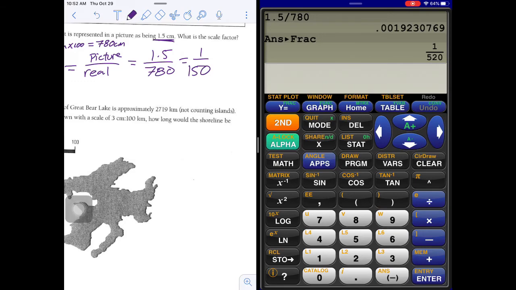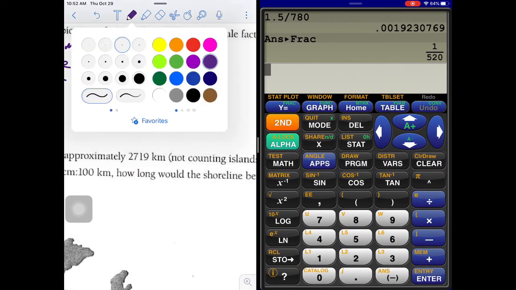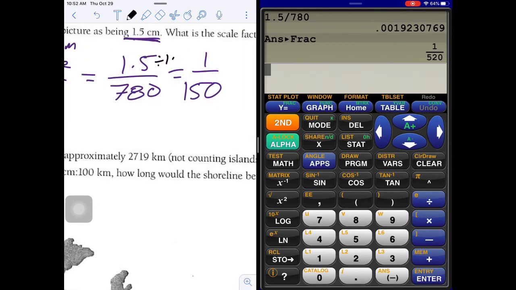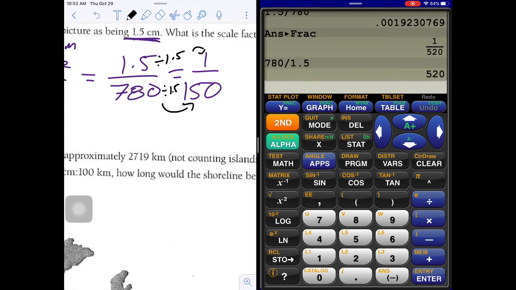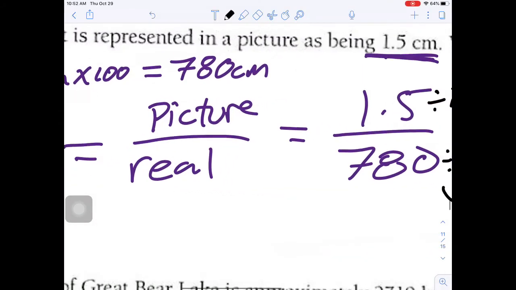Another way to do that, if your calculator is unable to do that, is you're technically just dividing the top and the bottom by 1.5. So here I could divide by 1.5, and that will give me 1, and 780 divided by 1.5 gives me 520. Your scale factors, you usually want one of the numbers to at least be 1.